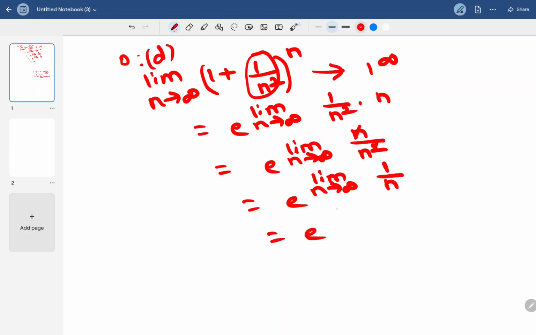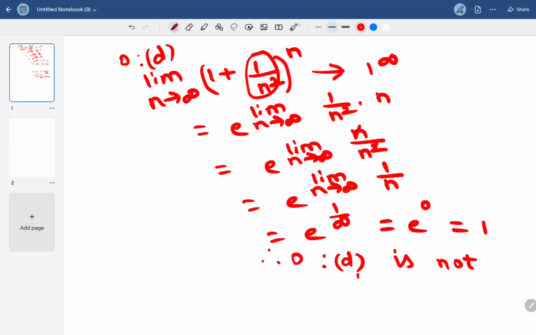This is nothing but 1 by infinity, e power 0. e power 0 is 1. Option D is not the correct option.